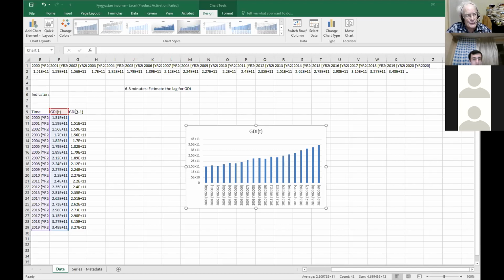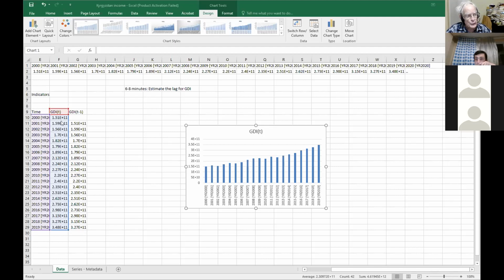And where do you get the estimates for the lag of GDI? You get it from 2001. Good. So in this case, the data are proceeding into the future from 2000 to 2019.